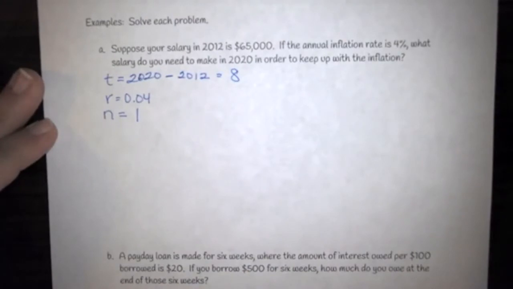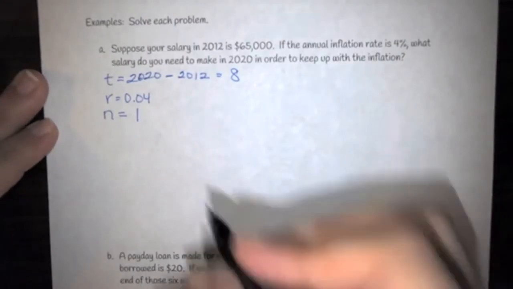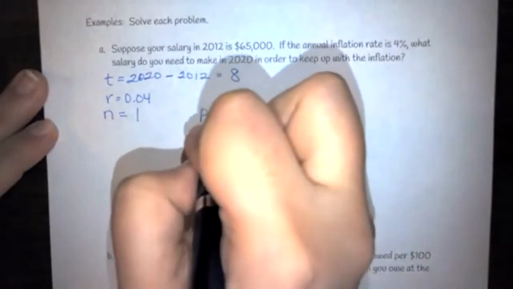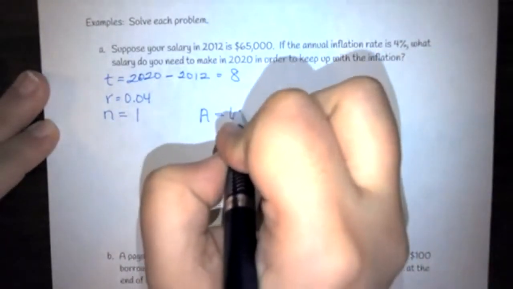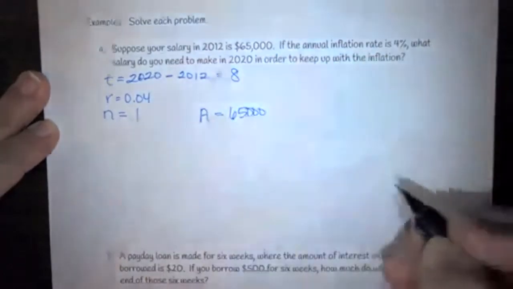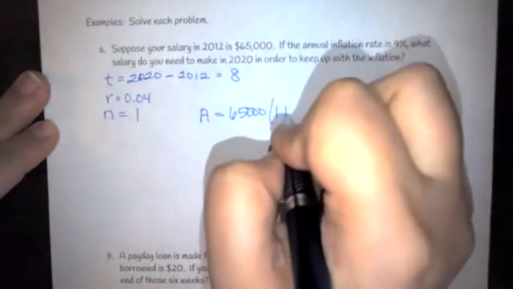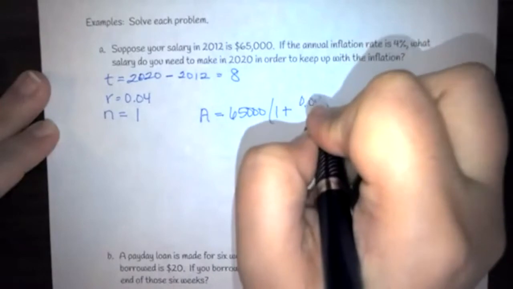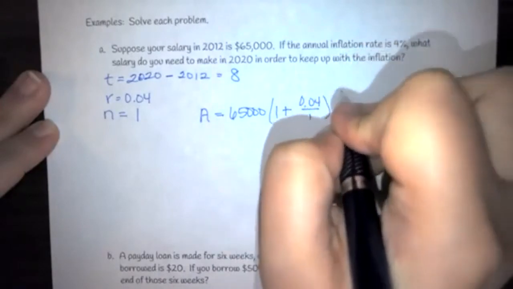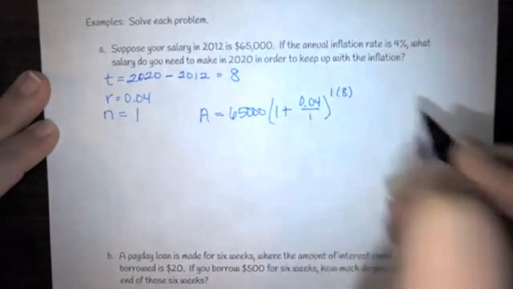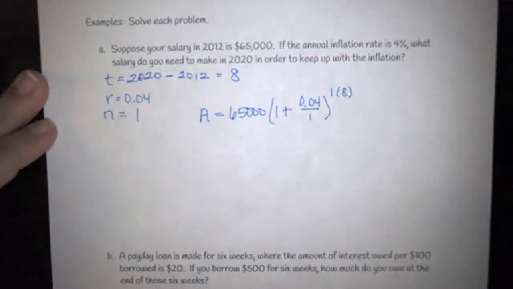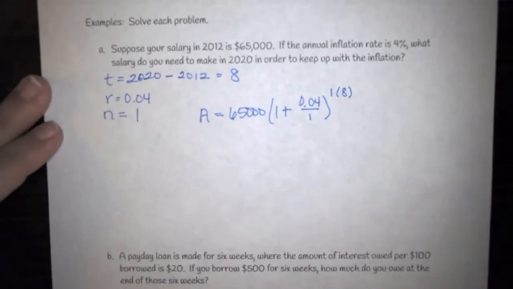So here, I need to go ahead and calculate. This is a compound interest problem where my P value is the 65,000 times 1 plus 0.04 divided by 1, raised to the 1 times 8. Again, you're going to plug that through your calculator.